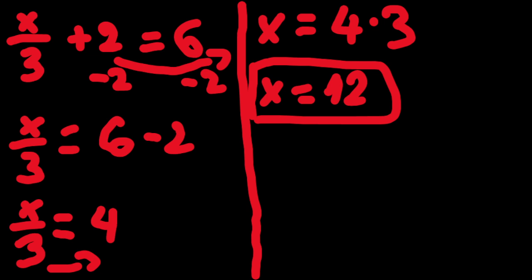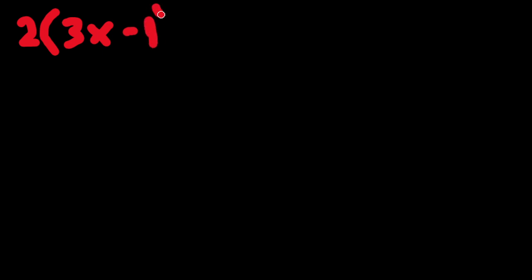Okay then. Let's move on to another example. 2 bracket 3x minus 1 equals 10.